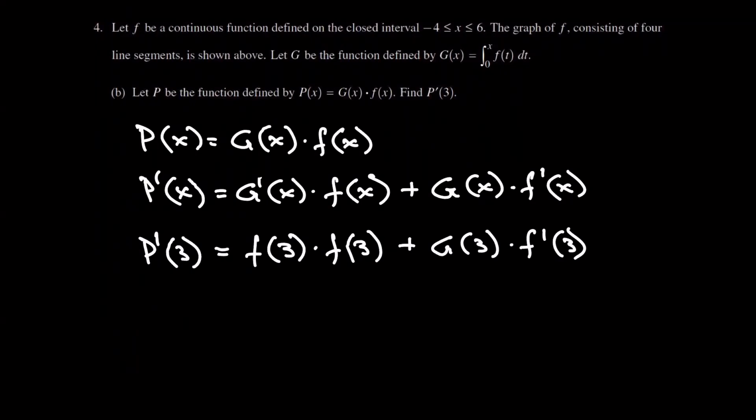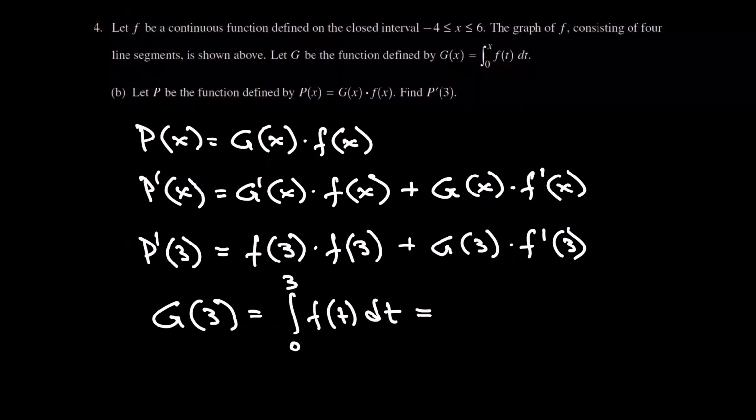And let's take a look at these values here. g of 3 is equal to the integral from 0 to 3 of f of t dt. So we'll need to take a look at the graph and calculate that area, that's the area under the curve of f of t from 0 to 3.